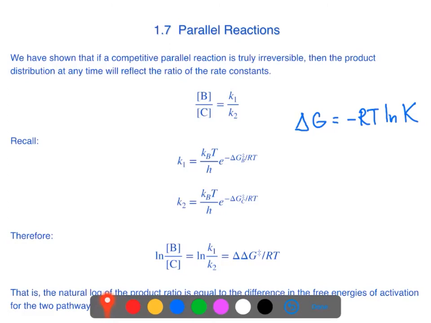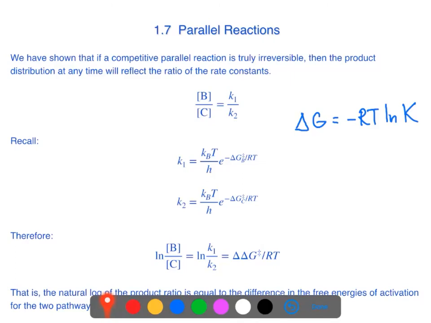So if we take the logarithm of this ratio, that will be equal to the logarithm of the ratio of rate constants. And if we look at the ratio of these two terms, this term over this term, it simplifies to this expression, where the logarithm of the ratio of the rate constants is equal to a difference in the delta G of activation.